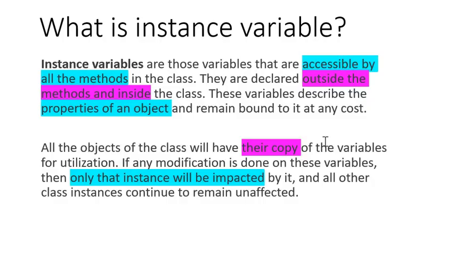Clear? Next, it says they are declared outside the methods and inside the class. That you've seen already. These variables describe properties of an object and remain bound to it at any cost. So what does it mean?